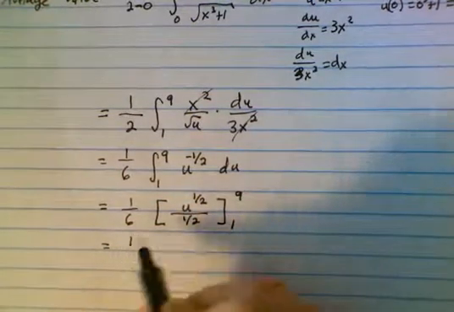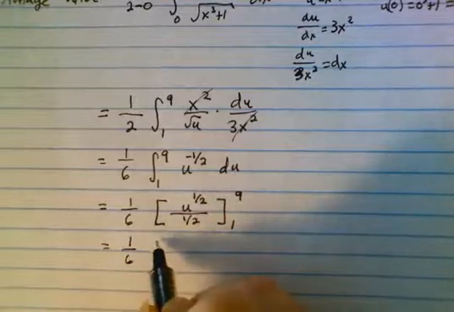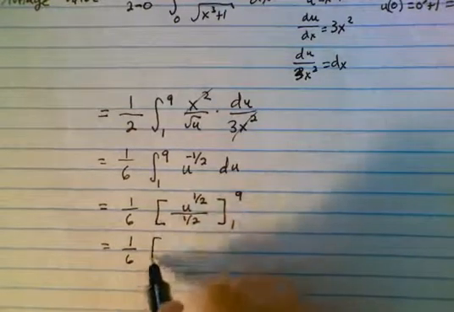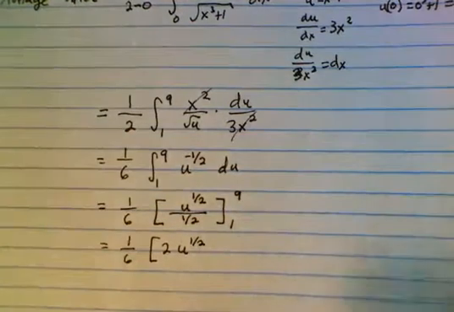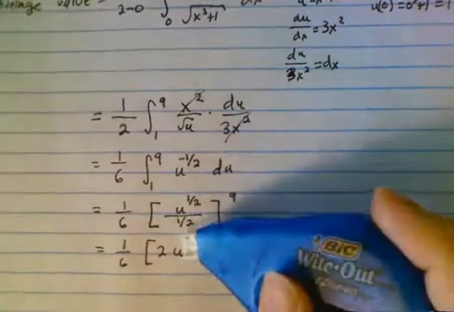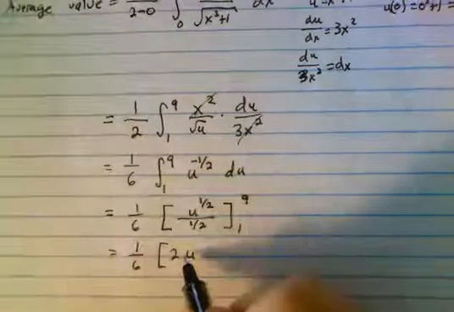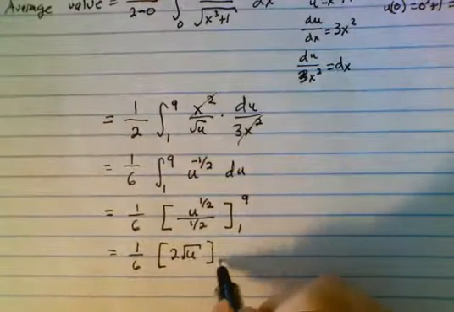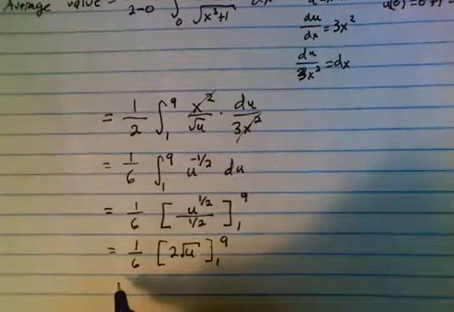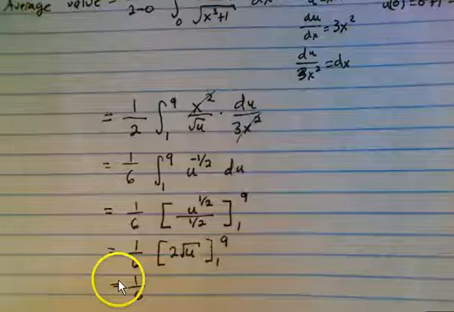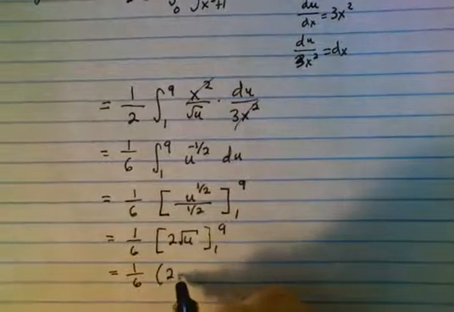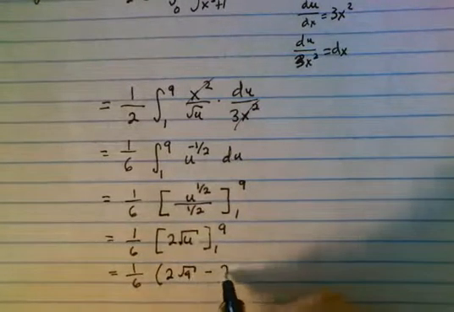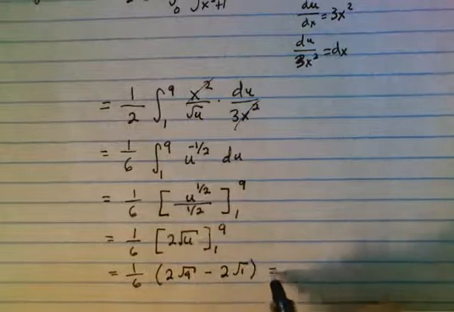Dividing by 1/2 is the same as multiplying by 2. And u to the 1/2 is the same thing as the square root of u, which is going to be useful when we plug our numbers in. Okay, so that's 1/6 times 2 root 9 minus 2 root 1.